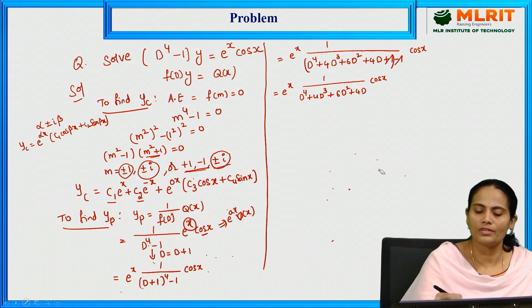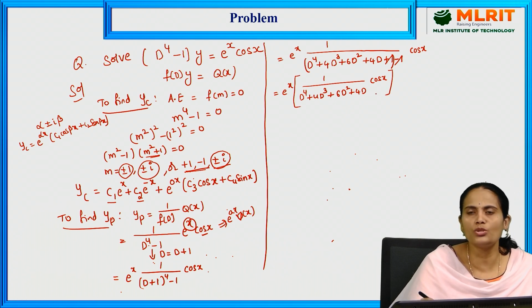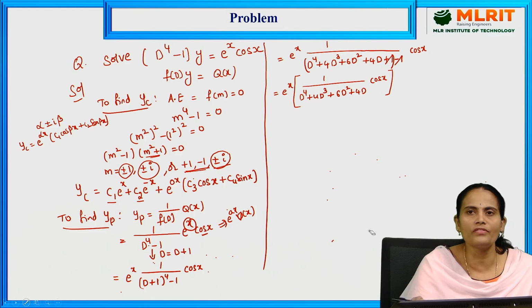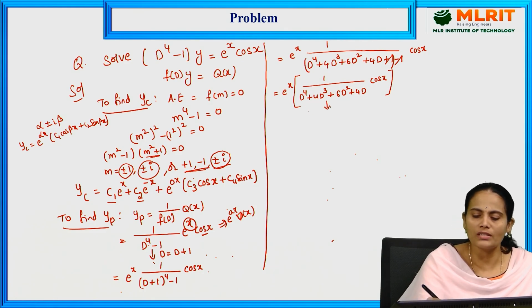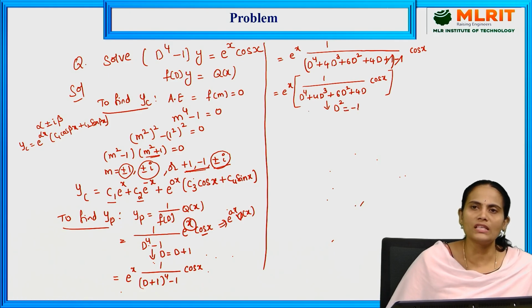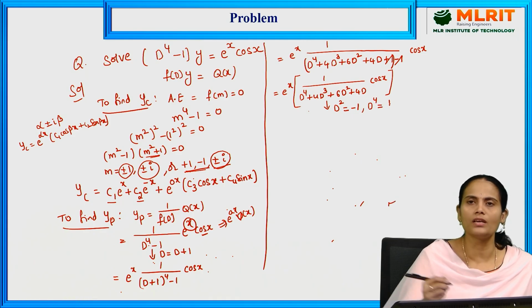Now this converts to method 2 of finding the particular integral. This is of the form 1 by f of D into v of x, where v of x is cos x. Now we use method 2. What is method 2? Here the substitution is D square equal to minus 1. So D square is minus 1, and D power 4 is nothing but plus 1.